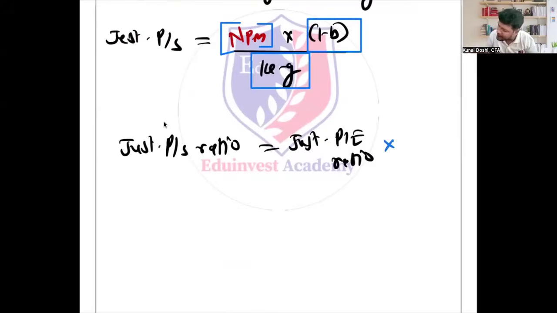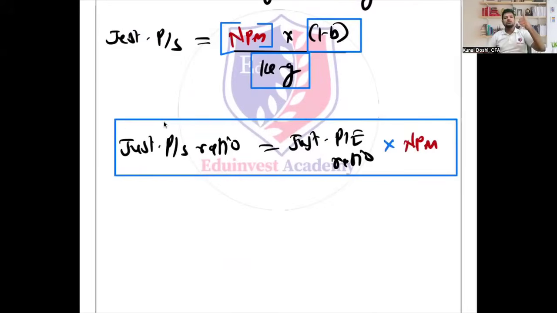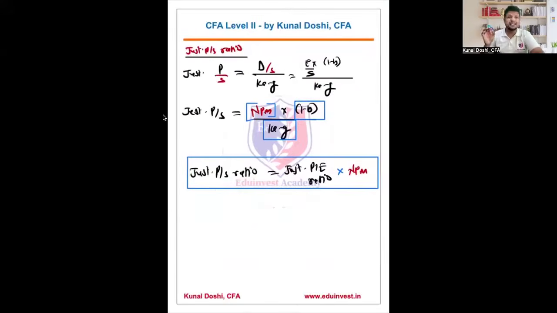So all I have to do is multiply this with net profit margin. Everyone with me? Understood the similarity, everyone? Perfect. This is your justified price to sales ratio.